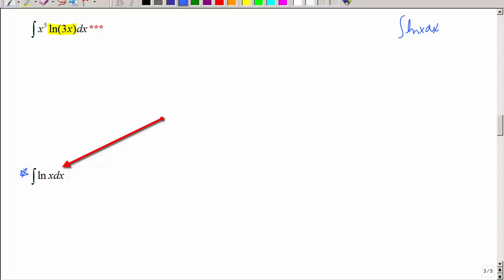So keep in mind when you're choosing u and dv, dv is, I'm going to say never, but about 99% of the time, is never going to be your natural log function.